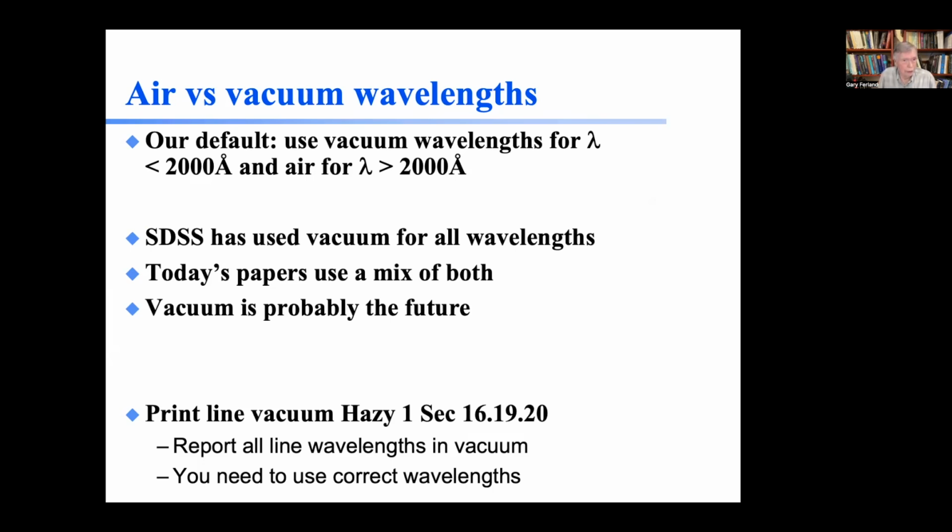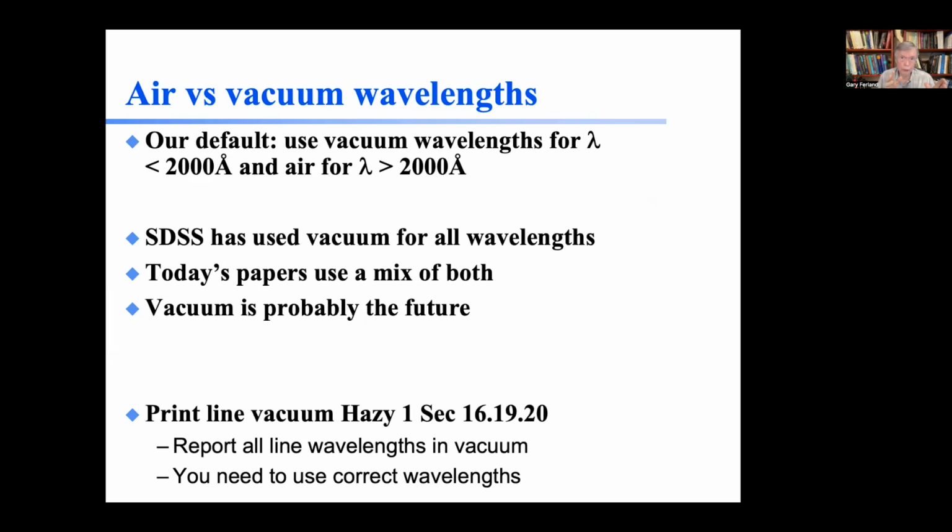In atomic spectroscopy from the 19th and 20th century, the convention was set up that spectroscopists use vacuum wavelengths for the hard ultraviolet, wavelengths less than 2,000 angstroms, and air for wavelengths bigger than 2,000 angstroms. It had to do with how they built the laboratory apparatus.